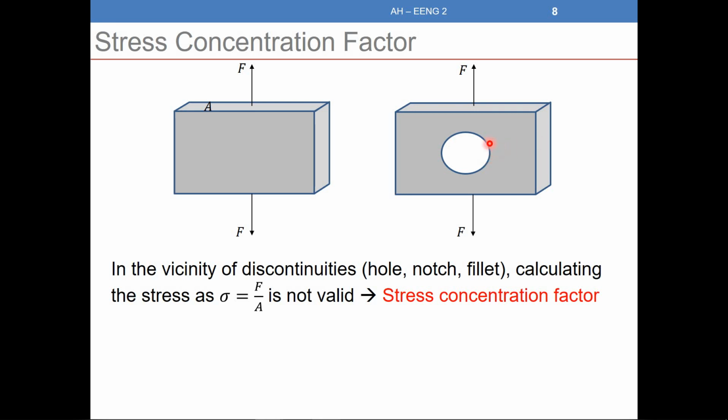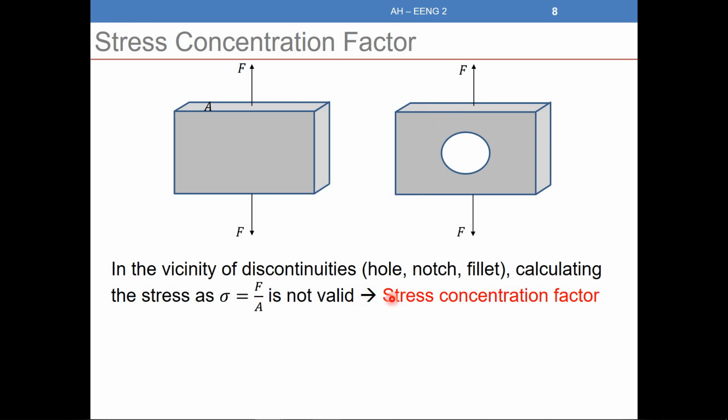So it will change the area everywhere where I make the cut. So saying sigma equals F over A is not valid here everywhere, while it's valid here. So the presence of the hole will create some disturbance of the stress, because the stress is not constant everywhere.